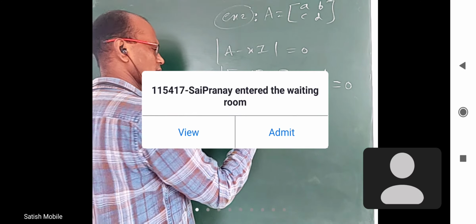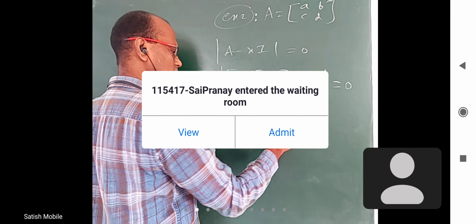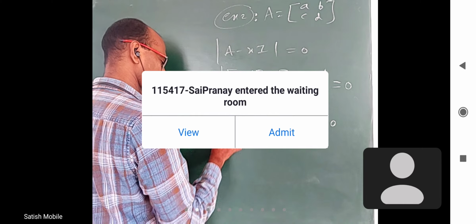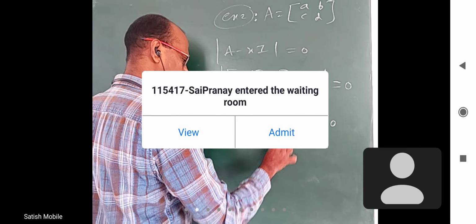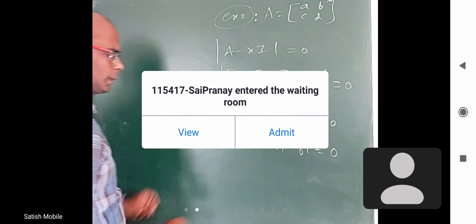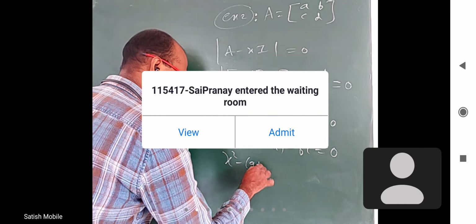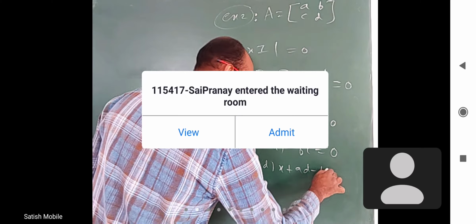And when I simplify this, it is |a minus x, b; c, d minus x| equal to 0. If I expand, I will get (a minus x) into (d minus x) minus bc equal to 0. If I expand further, x square minus (a plus d) into x plus ad minus bc equal to 0.